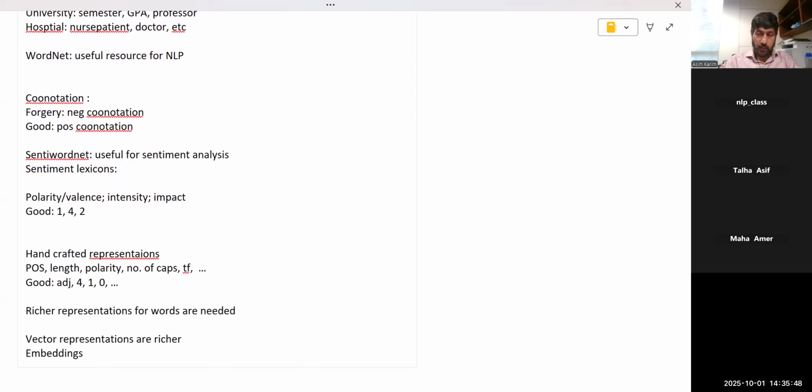So let's say W1 and W2 are two vectors of length, let's say 100, for let's say good and great. ठीक है?